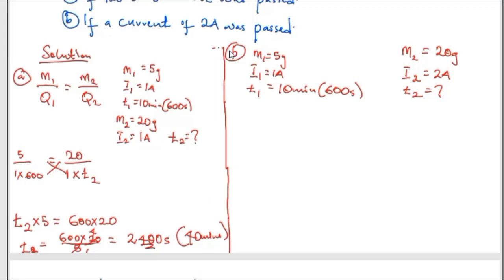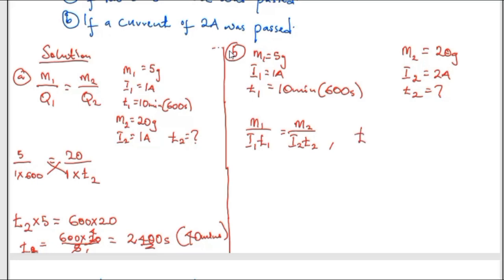So therefore we have M1 over I1 T1 is equal to M2 over I2 T2. So from here, if you are looking for T2, you can make T2 the subject of formula for ease.